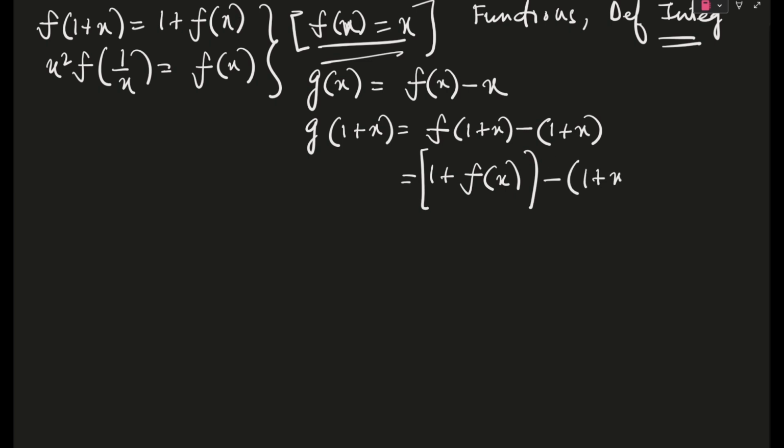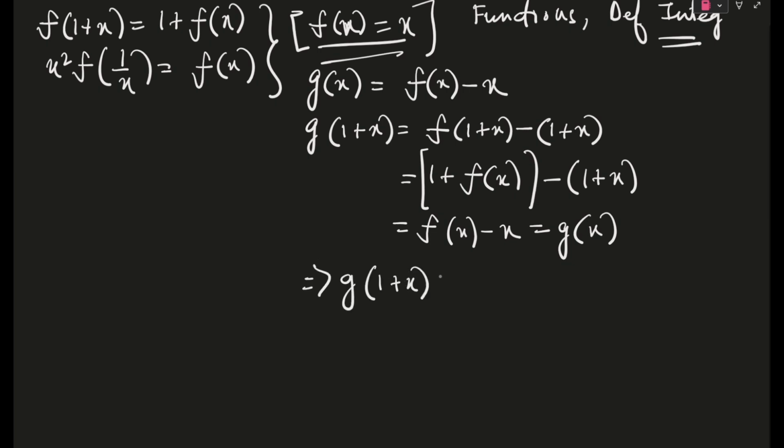So this comes out to be f of x minus x, which is equal to g of x. So from here g of 1 plus x is coming out to be equal to g of x, which is very correct with respect to our equation.